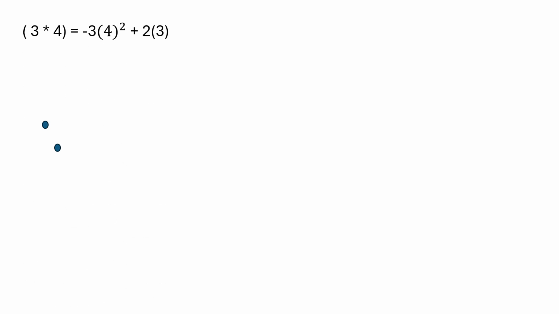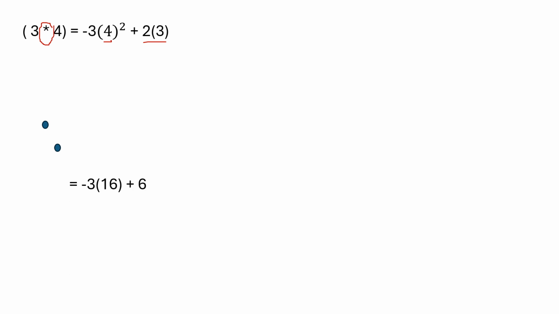So let's continue. For us to prove that, we started with B operated on C. So our B is 3 and our C is 4, and the relation given to the binary operation star is negative 3b squared plus 2a. So in place of b, we put 4, and in place of a, we put 3.